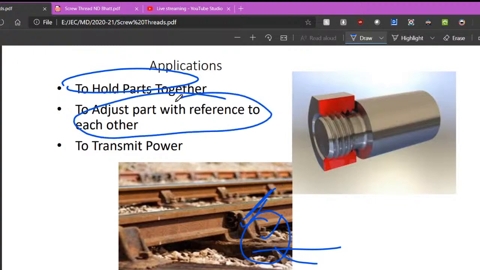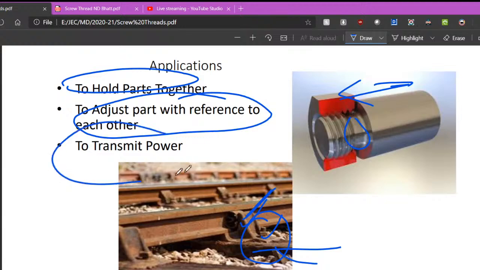Again, there are parts with reference to each other, and sometimes we need to adjust the position like this. By rotating it we can change the position of both parts. Sometimes in engineering we need this type of arrangement, and for that reason screw thread helps us.